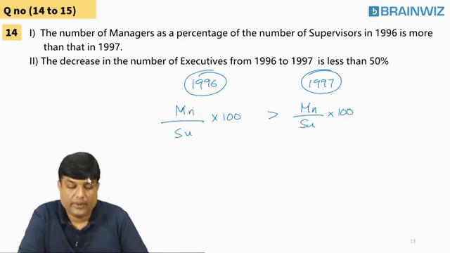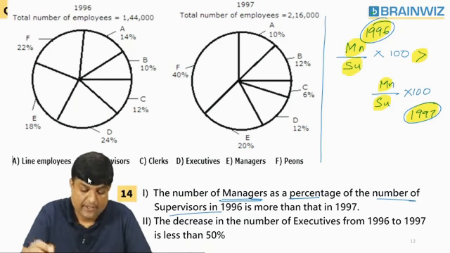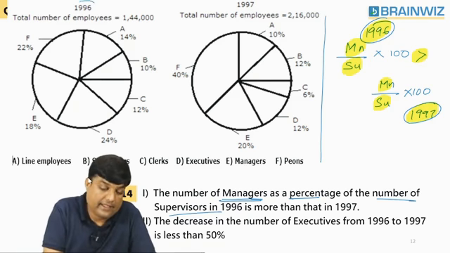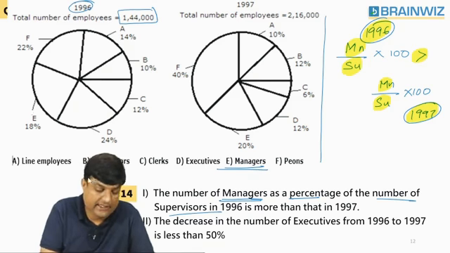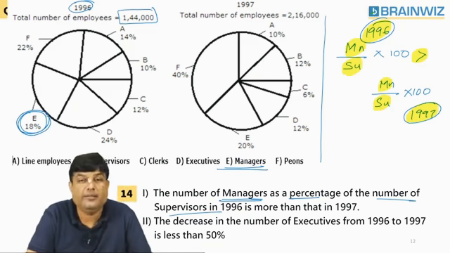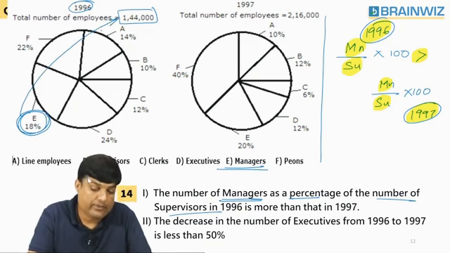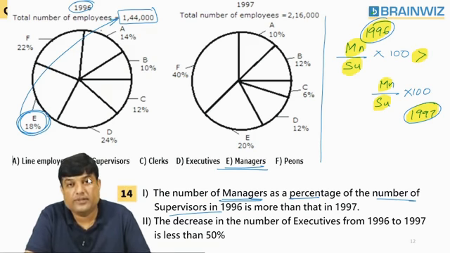Are you understanding, everybody? So, what are the managers in the year 1996? This is the 1996 data, this is the total data. Managers is E. E is how much percentage, guys? E is 18%. So we are supposed to calculate 18% of 1,44,000.